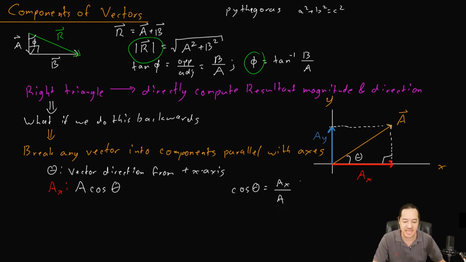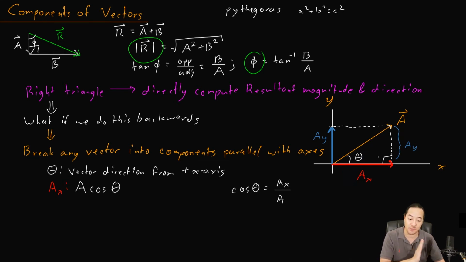Likewise, we can do the same thing for A sub y, and that's because this length here is actually A sub y, right? This is the same magnitude, even though here it's on the y-axis. We can see that these are going to be the same lengths. So A sub y is actually the opposite side from the angle theta.